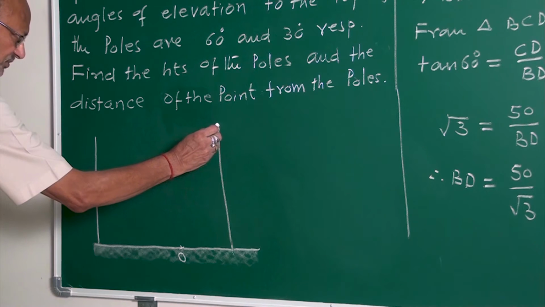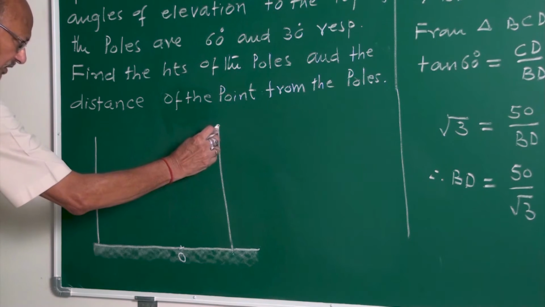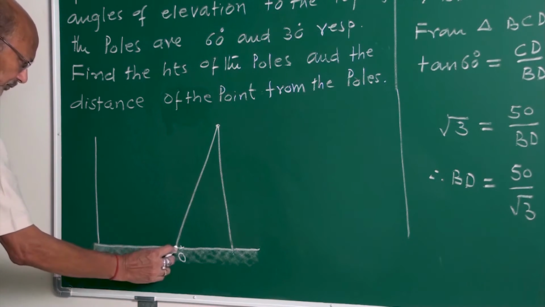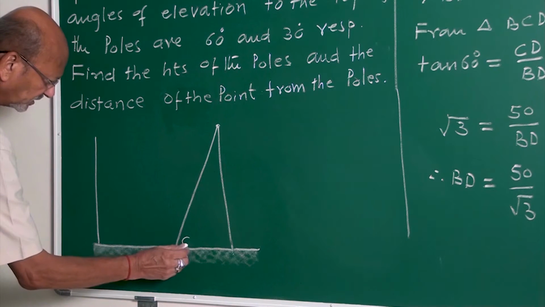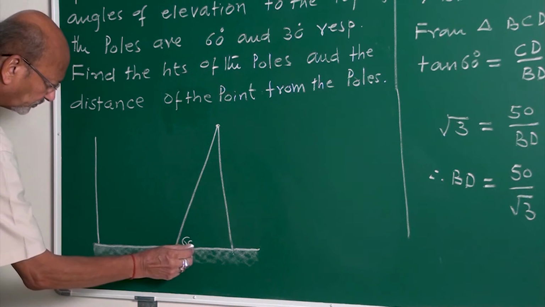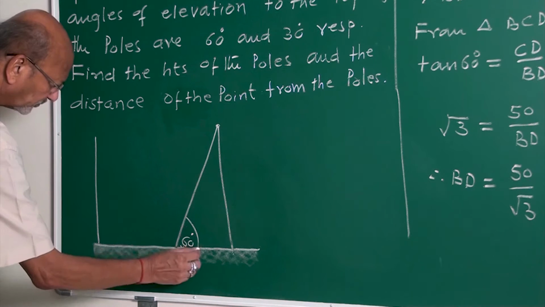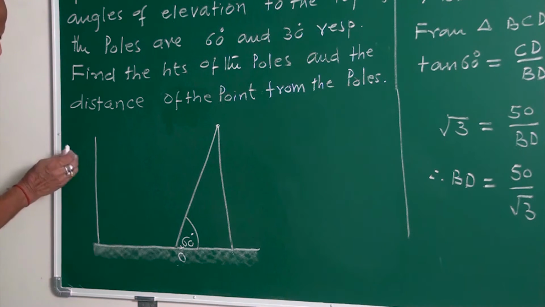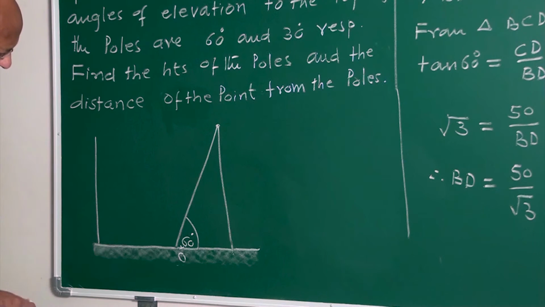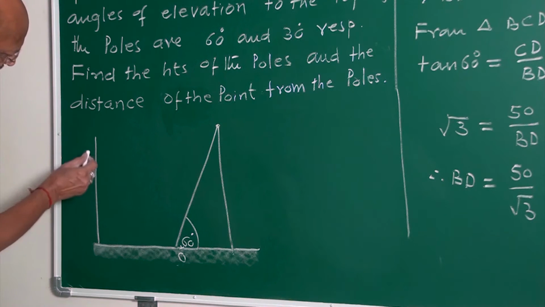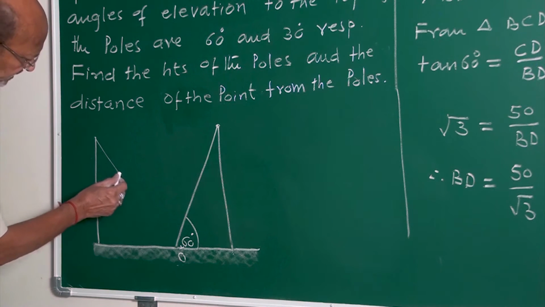The angle of elevation to the top of pole P1 is 60 degrees. The second is here, and this is 30 degrees.